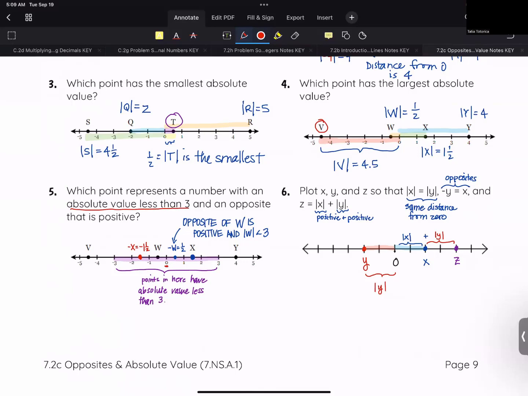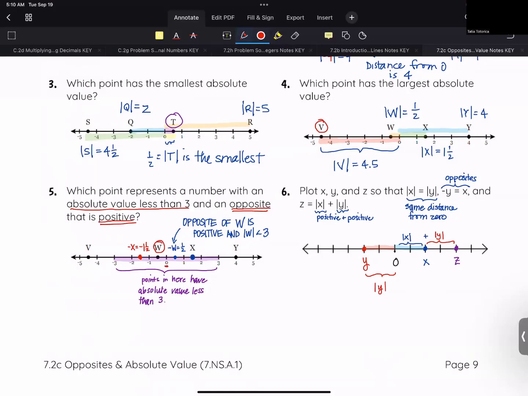The second condition is that I need the opposite of the number to be positive. So if the opposite is positive, that means the original has to be negative. So we look in the purple region for a labeled letter that is to the left of 0, and that turns out to be W.